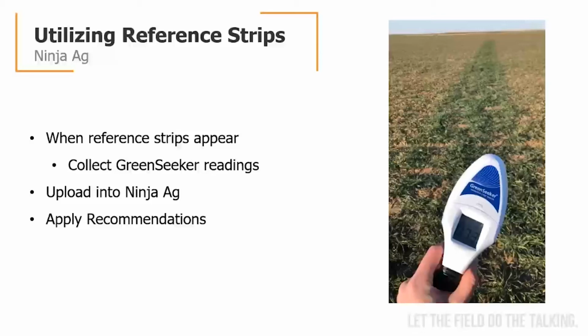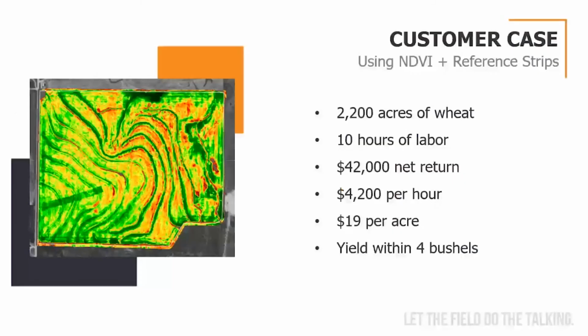The demand for nitrogen ended up being less than what he applied year after year. The dollars per hour came out to be $4,200 per hour, and on average was $19 per acre ROI across those 2,200 acres. And the yield potential, he actually cut within 3 to 4 bushels on final yield across all those fields.